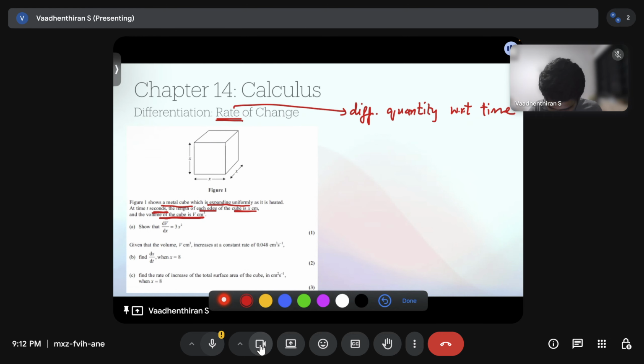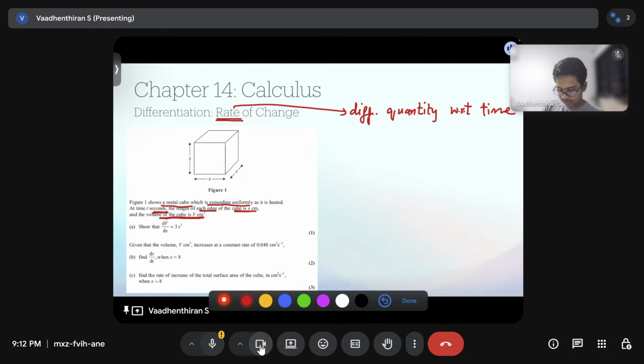Yeah, sorry for the trouble there. So we'll just read it again. Figure 1 shows a metal cube which is expanding uniformly as it is heated. At time t seconds, the length of each edge of the cube is x centimeters, as you can see in the figure, and the volume of the cube is v.